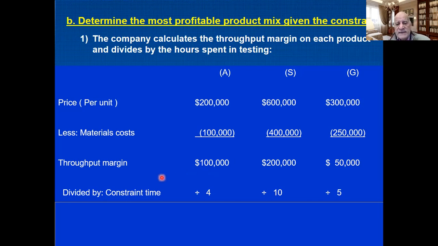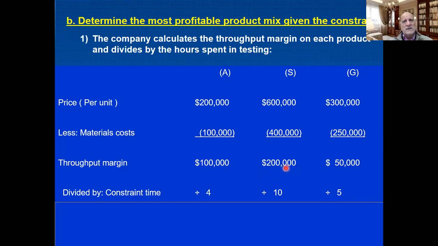We have to divide this throughput margin by the time consumed in producing this type of product. We will not make the decision based on the largest amount of throughput margin, not like under the contribution margin.